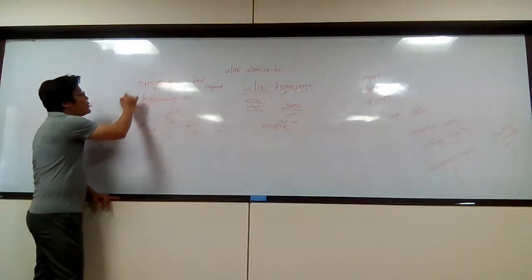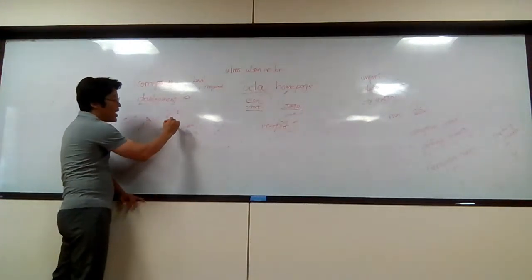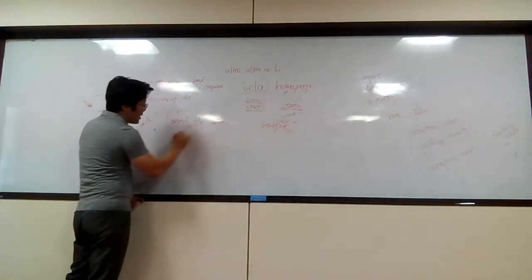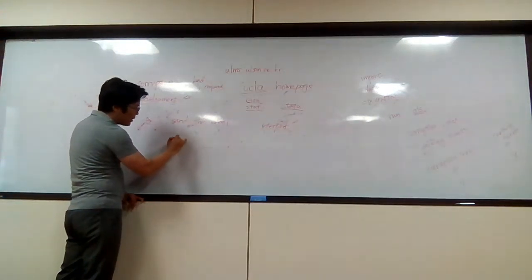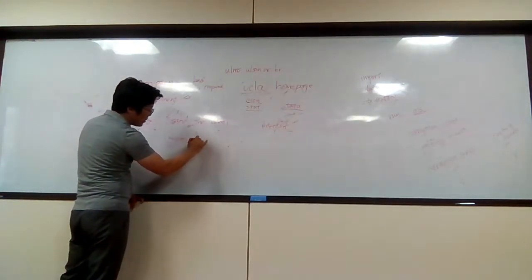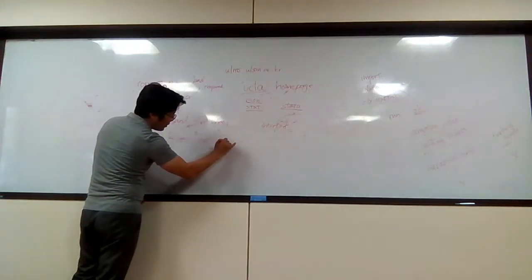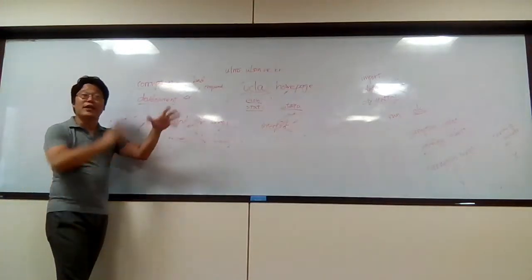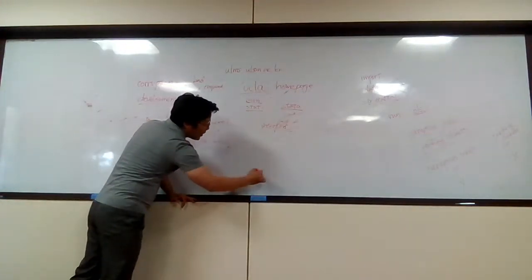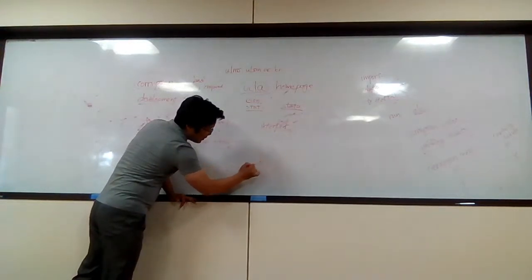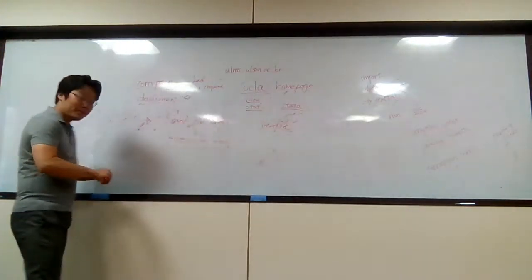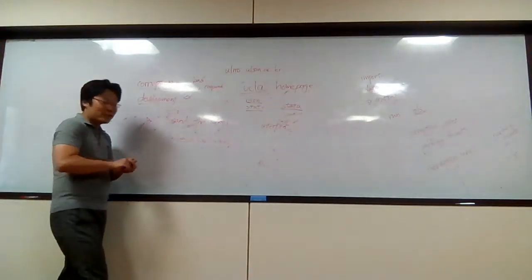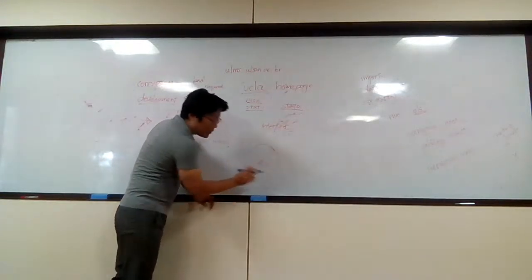So in corruption, there are two theories. One is sand the wheel. The other is grease the wheel. Okay? So sand the wheel means you can think about a wheel.